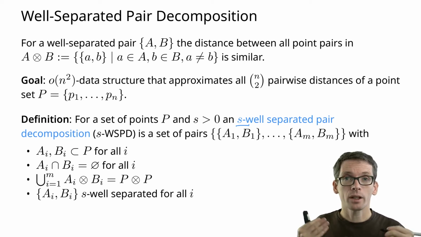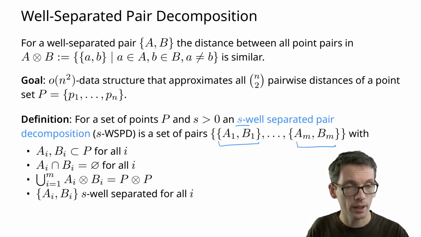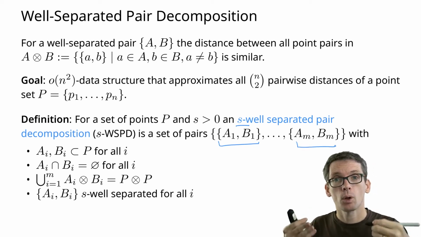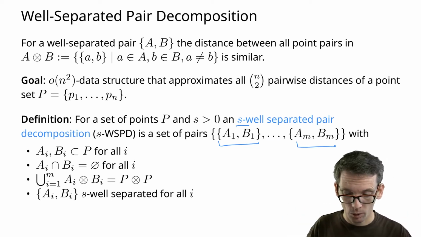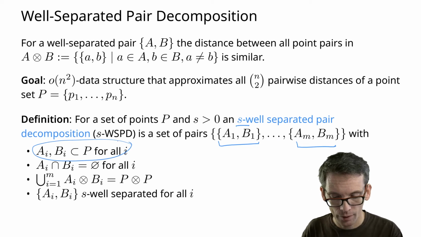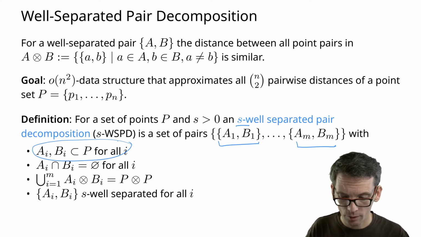So the S well-separated pair decomposition covers essentially all pairs by a small set of S well-separated pairs. So what we want to have is a set of pairs such that all the Ai and Bi should be, of course, subsets of P.